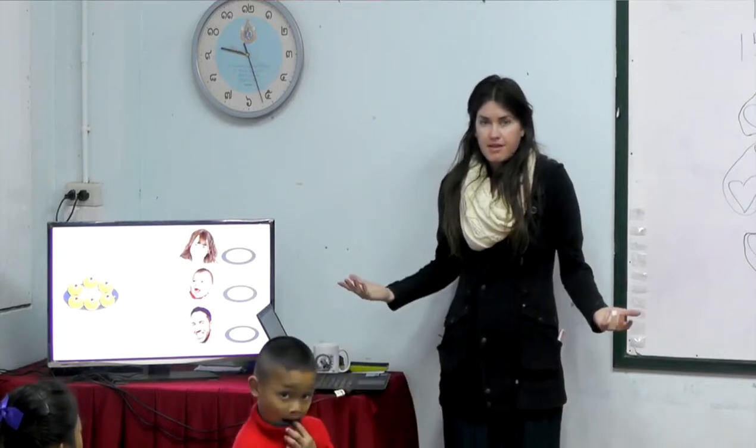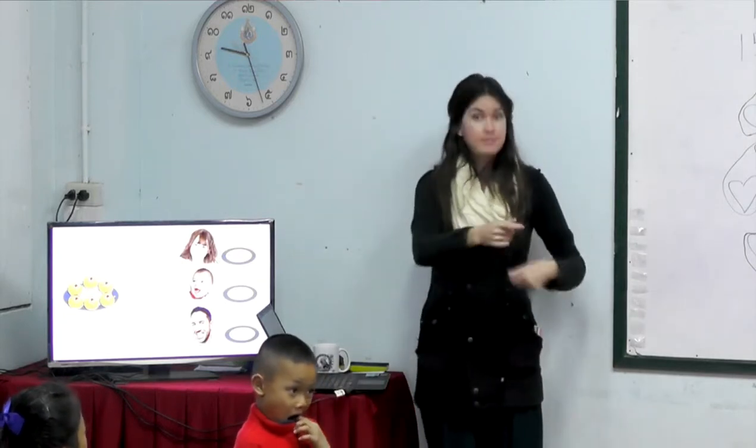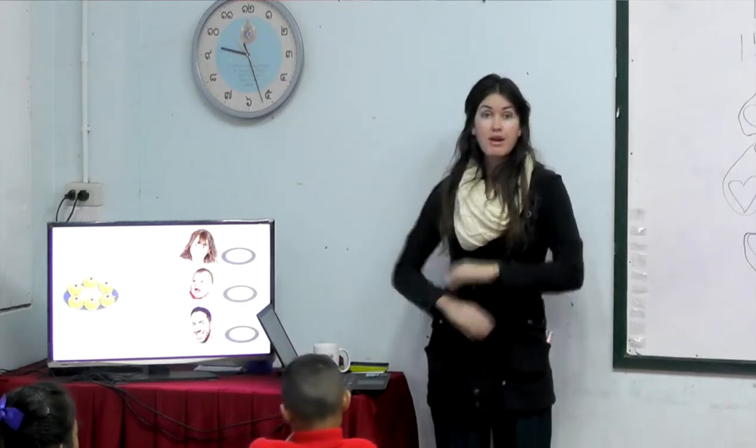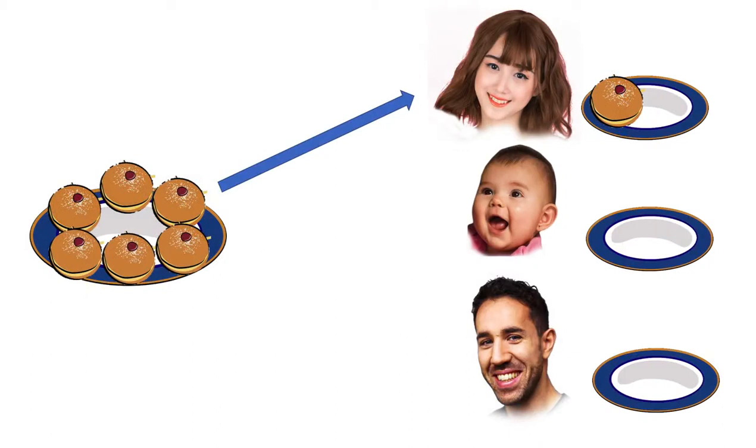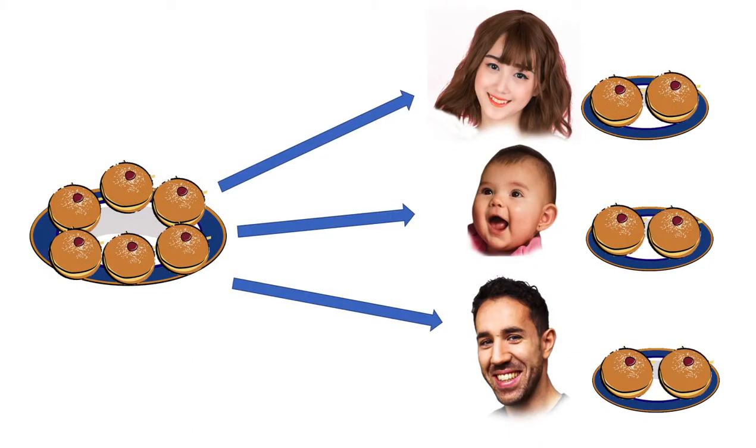What's going to happen, do you think? We want to share. Yeah, we want to share and we want it all to be equal so that everyone has the same numbers. So the girl's going to get 1, the baby's going to get 1, the man will get 1. And we're going to pass them all out until they're all gone. So how many did everybody get? 2.